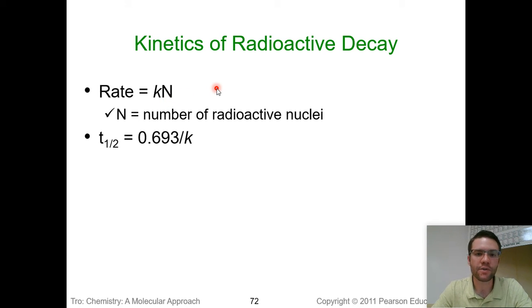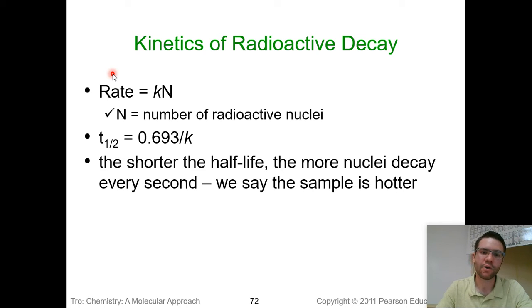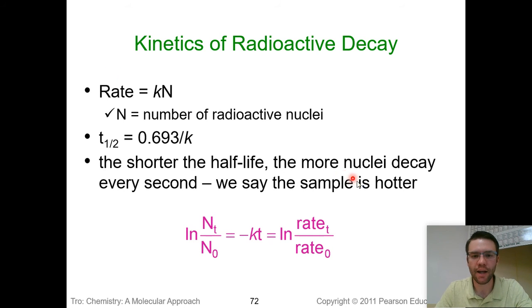These are all first order, so the half-life matches our first order half-life equation, and the half-life can relate to your k value with this equation. Now the half-lives are known, so oftentimes you can plug in the half-life, figure out what your k value is, plug it in here, and figure out your rate, how many decay events are happening per second or per minute. The shorter the half-life, the faster it decays, and they call those samples hot samples.